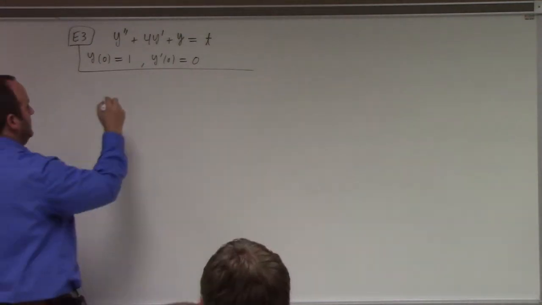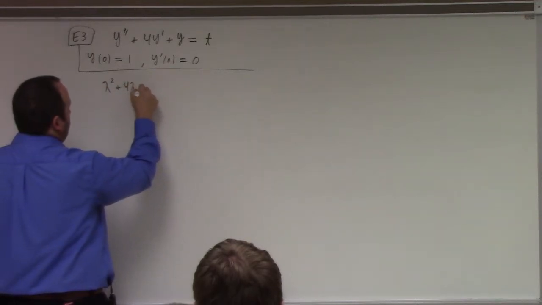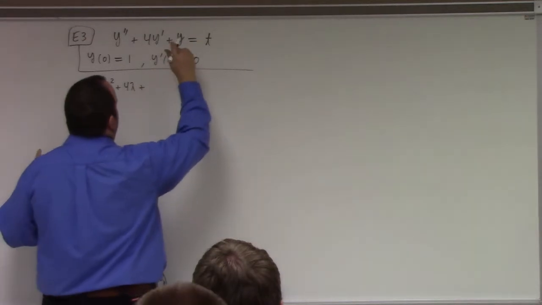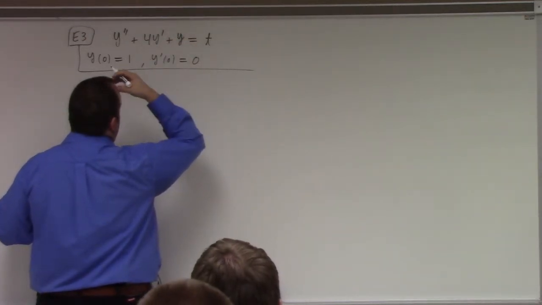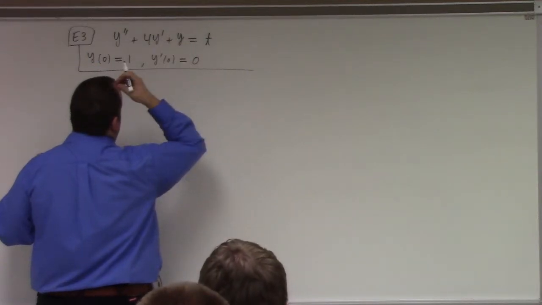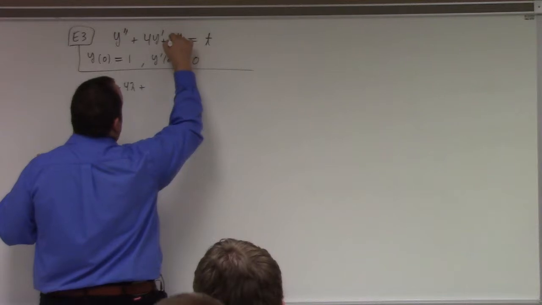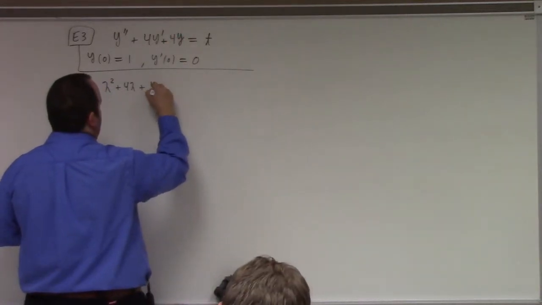So what I do typically is I say, okay, so that's lambda squared plus 4 lambda plus, oh, Carl, I meant to put, I really want to put a 4. Yeah, it's true. You got me. So that's plus 4, right?